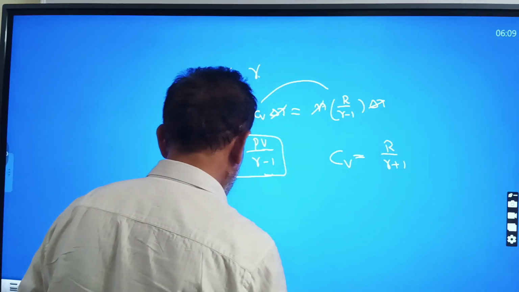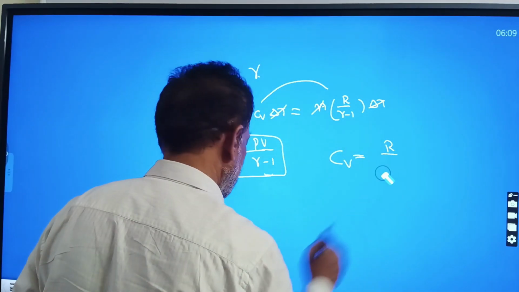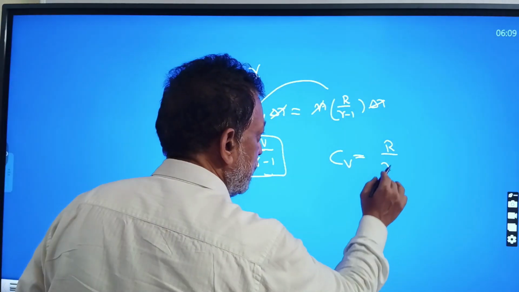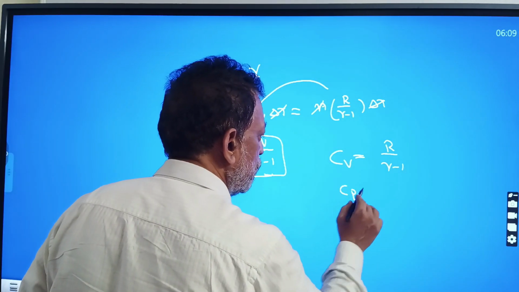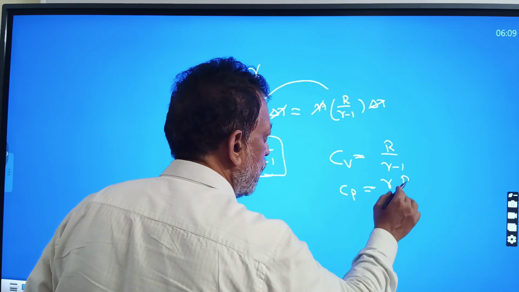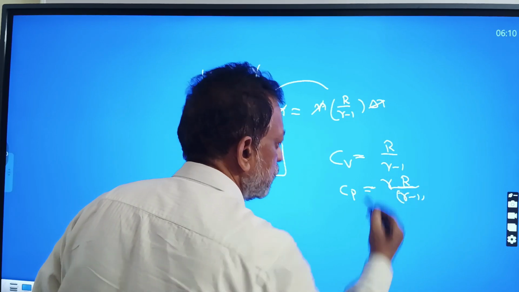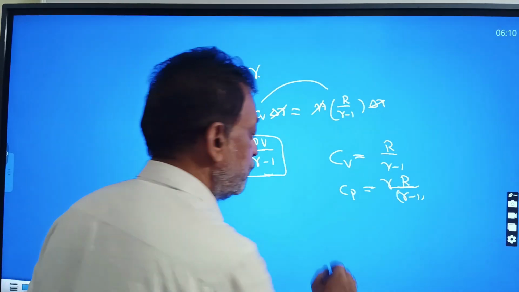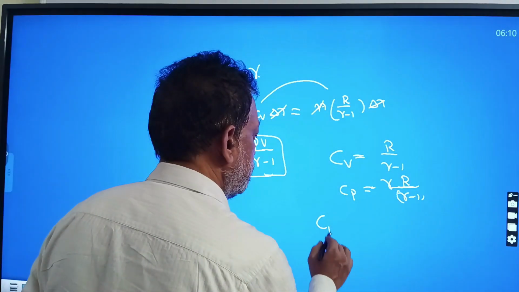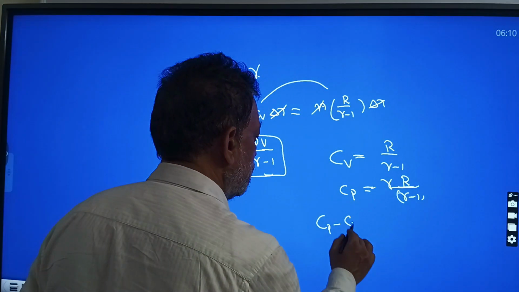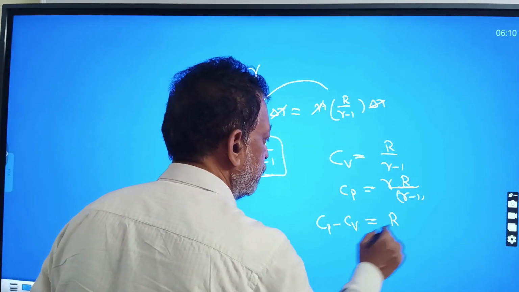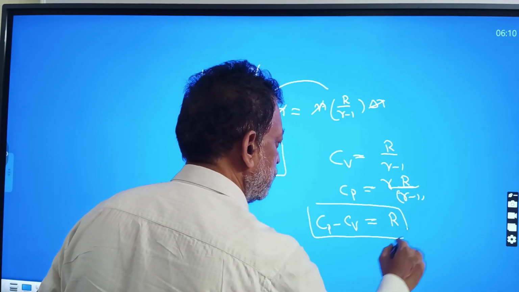What is the Cp? Cp is equal to gamma into R by gamma minus 1. How did you get it? Cp minus Cv is equal to R. This is called Mayer's formula.